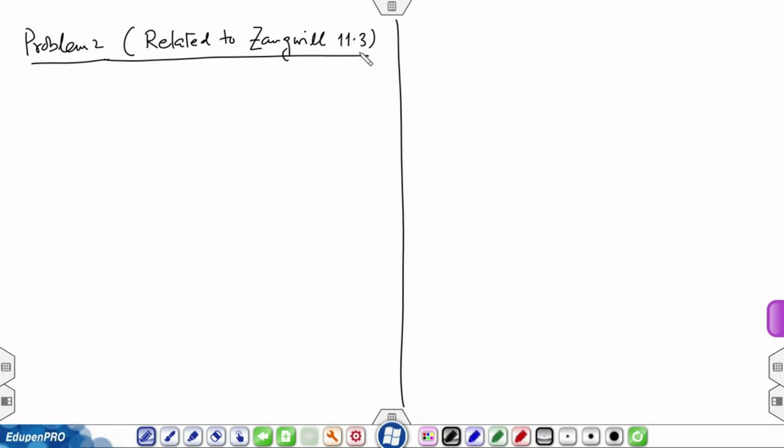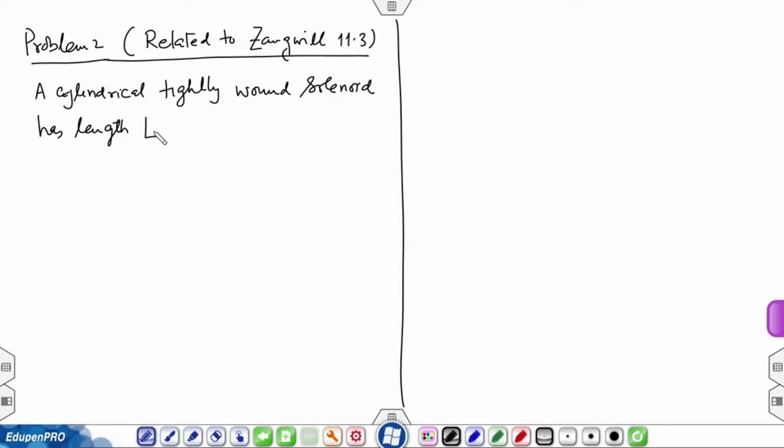And the problem is as follows: a cylindrical tightly wound solenoid has length L and radius r, let r be much less than L.